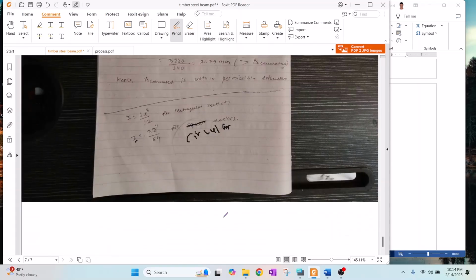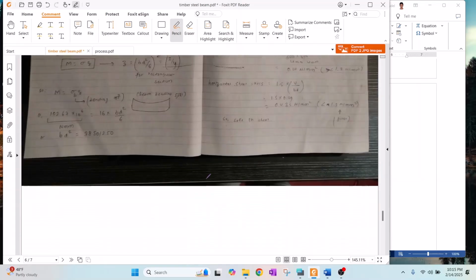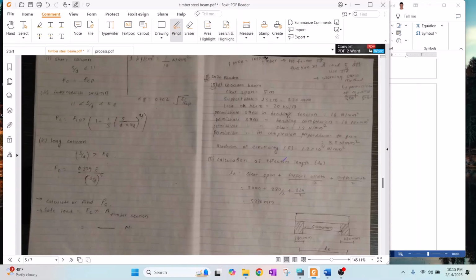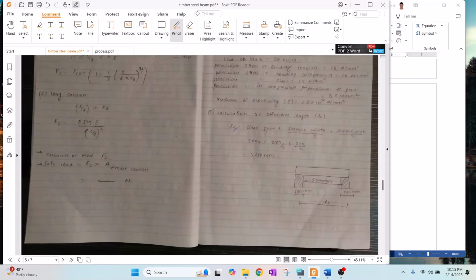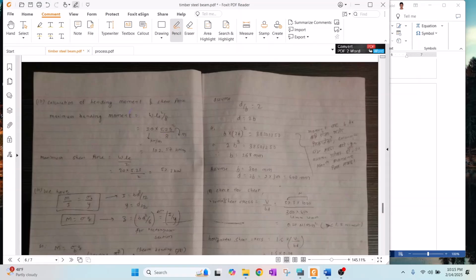In this way you can design or analyze the required size of a beam section. So let me summarize this at last. First, you have to calculate the effective length by using this equation. Look at this figure. After calculating effective length, you can calculate maximum bending moment for that support condition.